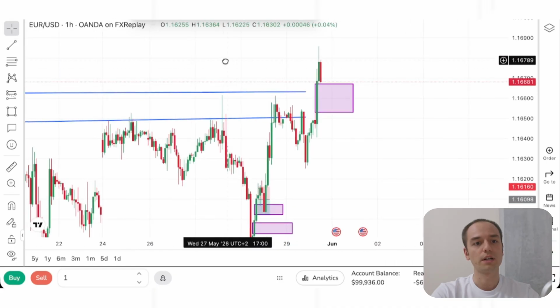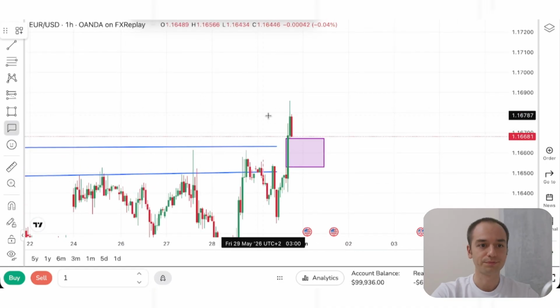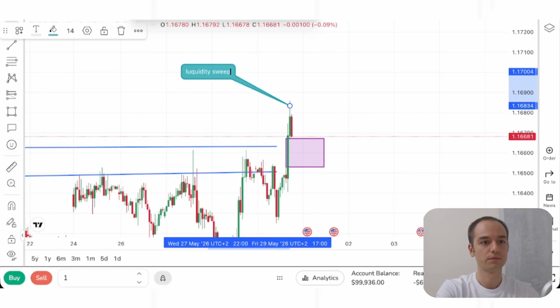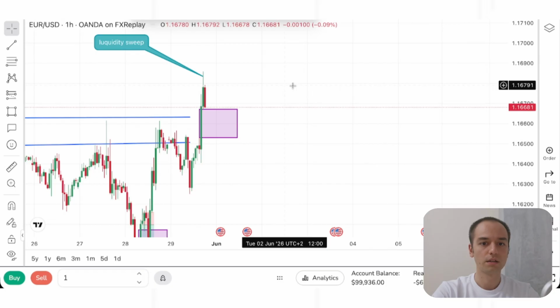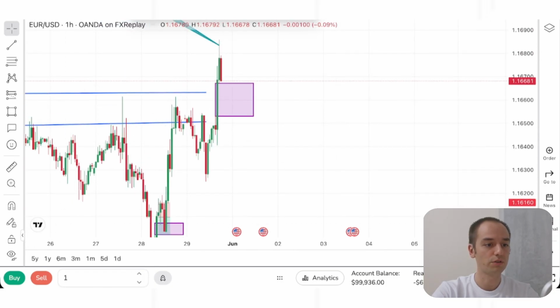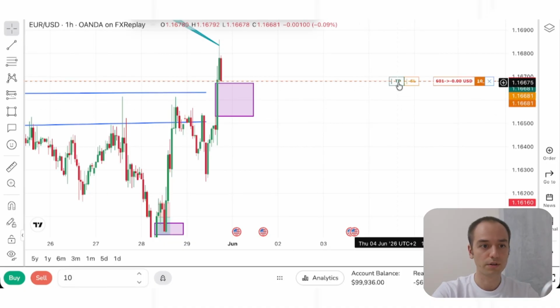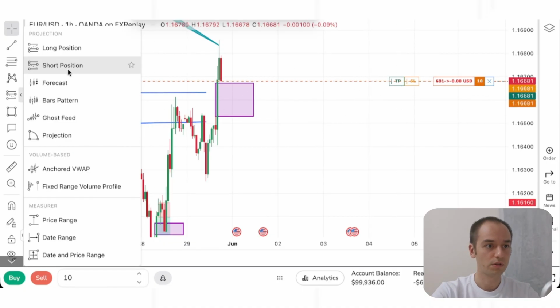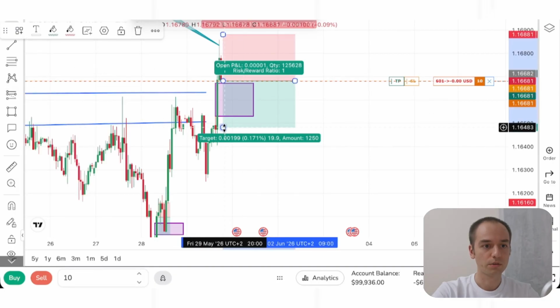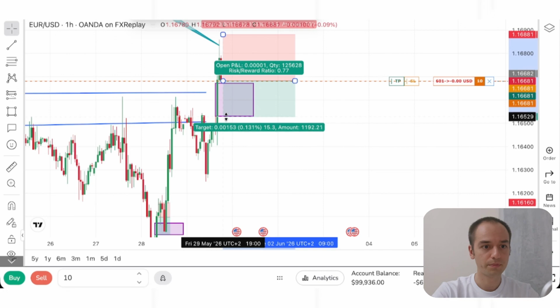So all of these equal highs have been swept. And we are looking for a very strong downtrend. Let's even increase the trade amount, and let's see what we're going to get here.